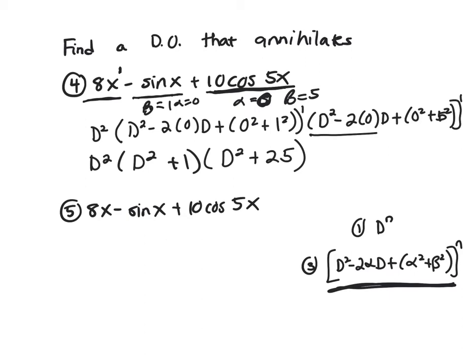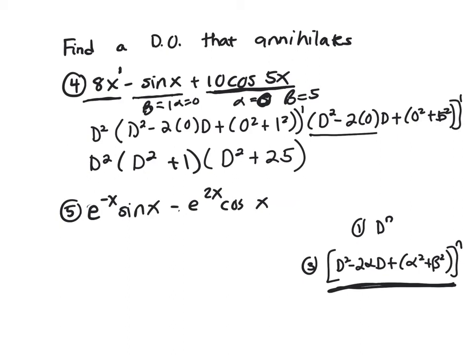All right, number 5. Oh, I wrote down the same problem. Hold on a second. Number 5 is e to the negative x sine x, that's case 3, minus e to the 2x cosine x, that's also case 3.